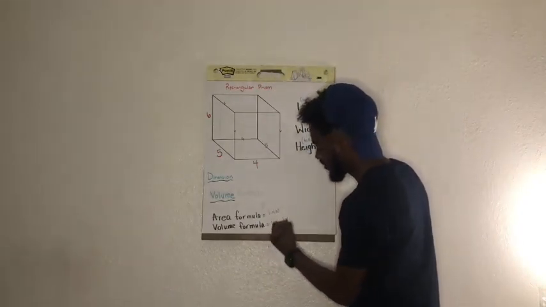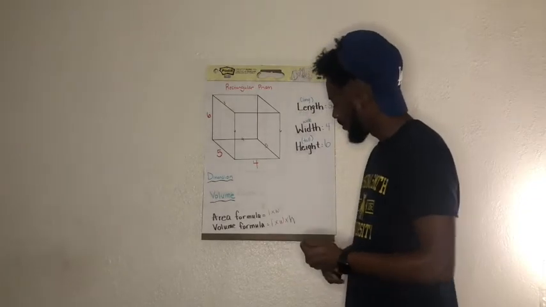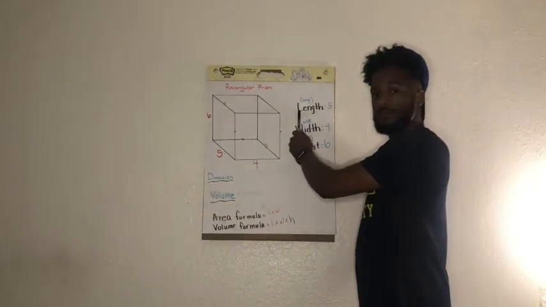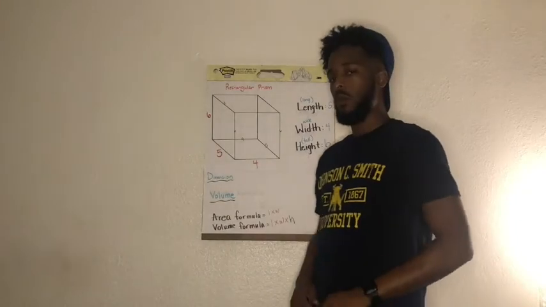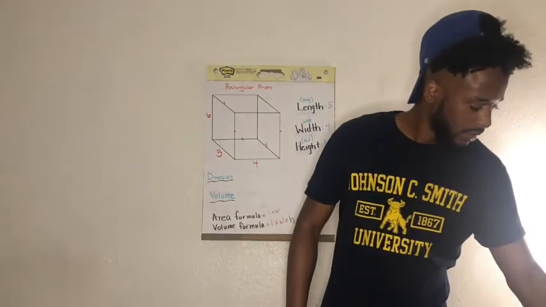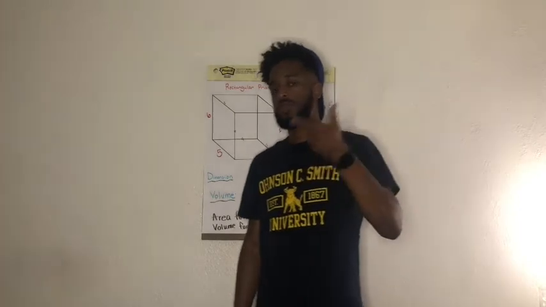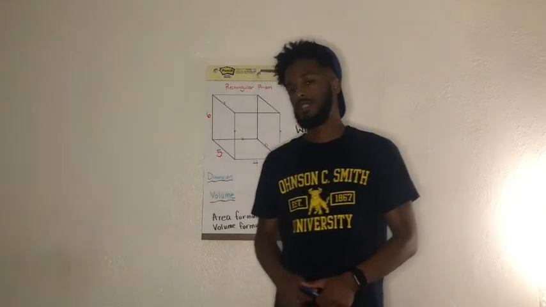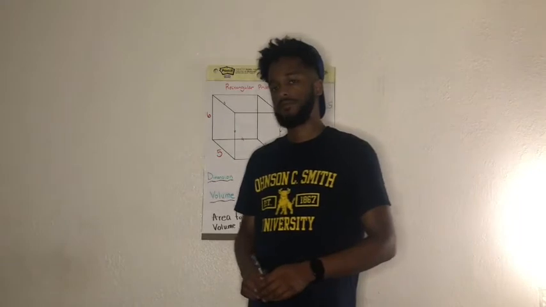So we have L times W times H. So I have my L, I have my W, and I have my H. What operation am I going to use to find the volume? Is it going to be addition, subtraction, multiplication, or division?